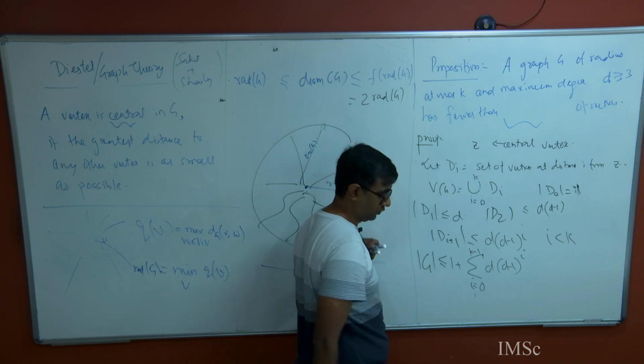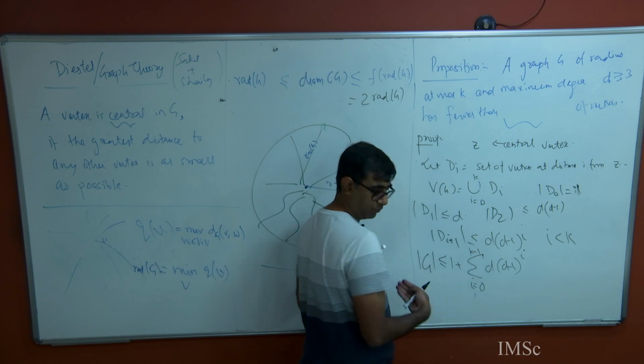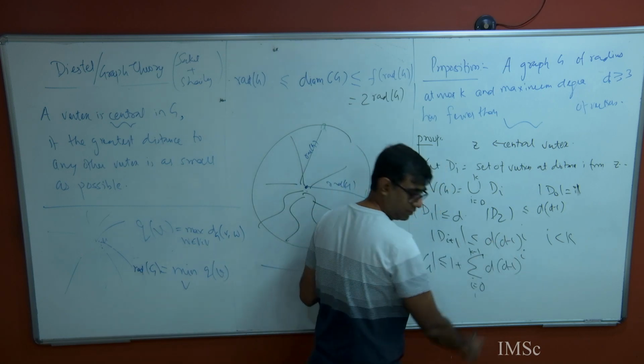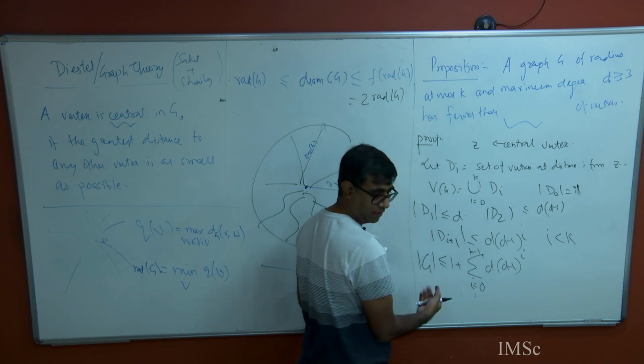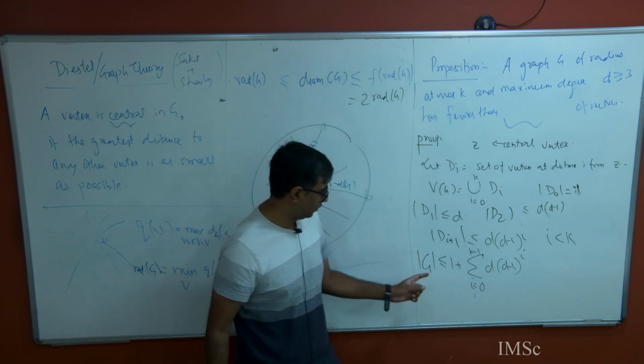For 0, look at D_1. How many vertices does it contain? I'm just writing this, because D_{i+1} contains something in terms of i. So D_k contains something in terms of k minus 1. So this is what it is.